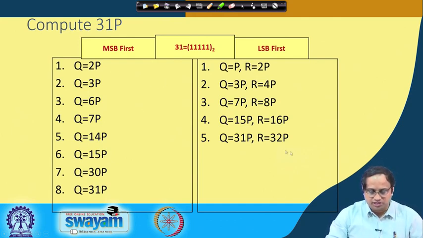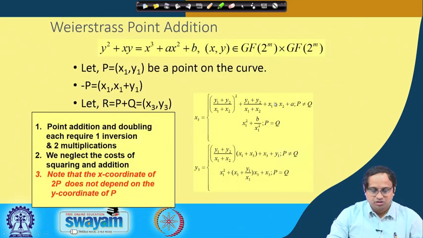There can be more implications also about this, but at least this is what we see at this point. Now we want to consider in particular curves of characteristic 2. Suppose I have this equation y squared plus xy equal to x cube plus ax squared plus b.